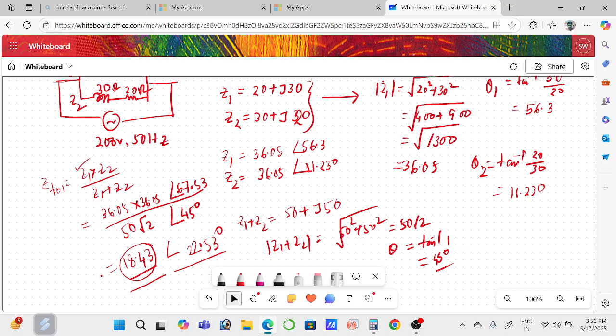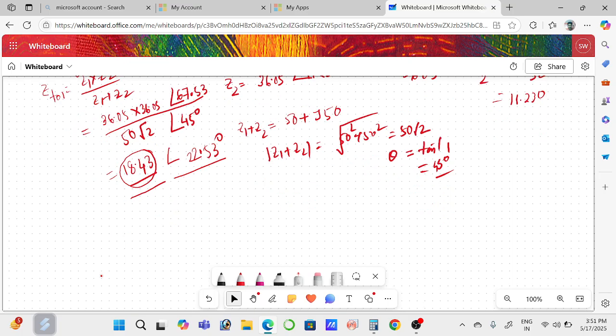Now if you want to find out the current here, the current is simply V by Z total. V is here simply 200, and Z total is 18.43 at an angle of 22.53 degree.